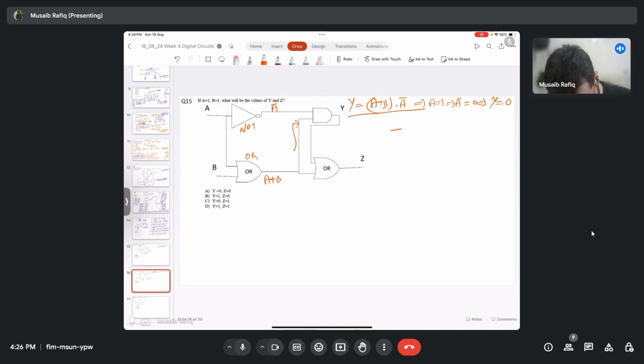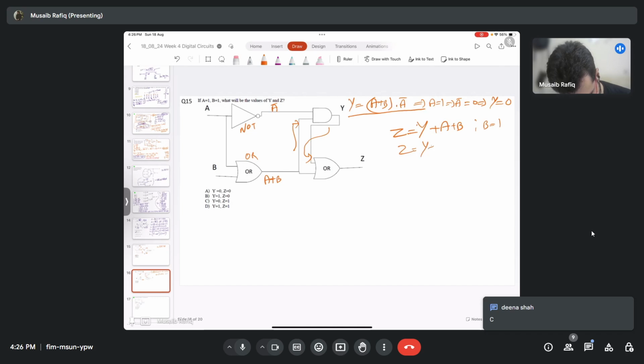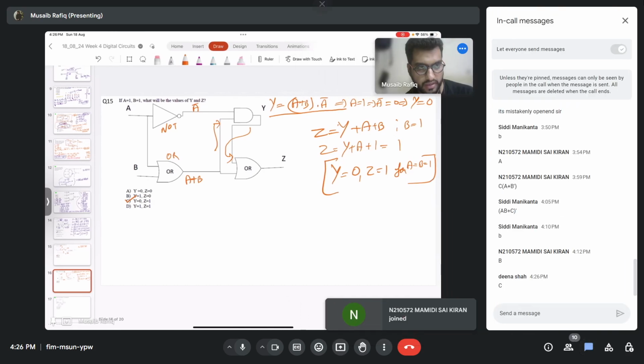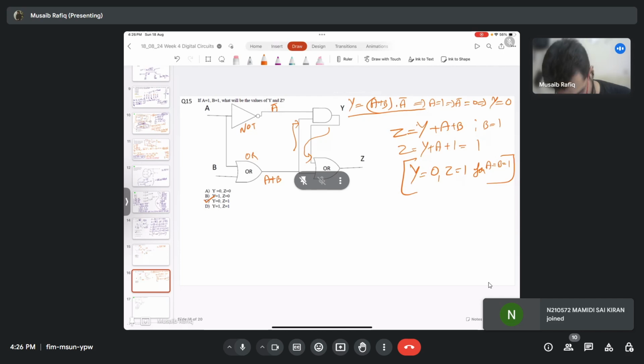Then my z is equal to y plus a plus b, and given here is b equal to 1, and a is also equal to 1, y plus a plus 1, so it will be 1. So my y equal to 0 and z equal to 1 for a equal to b equal to 1. Y equal to 0, z equal to 1, option C. Option C is the correct answer.